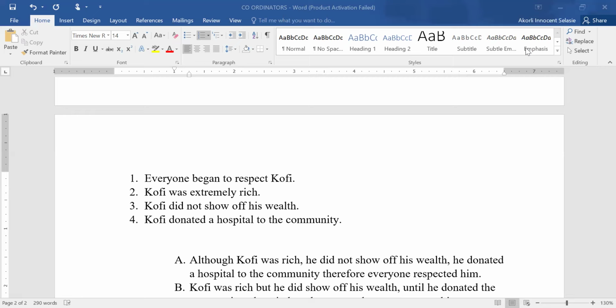No. Name a process. The process is clipping. The process is borrowing. The process is derivation. The process is conversion. So just put the answer there. That is all.